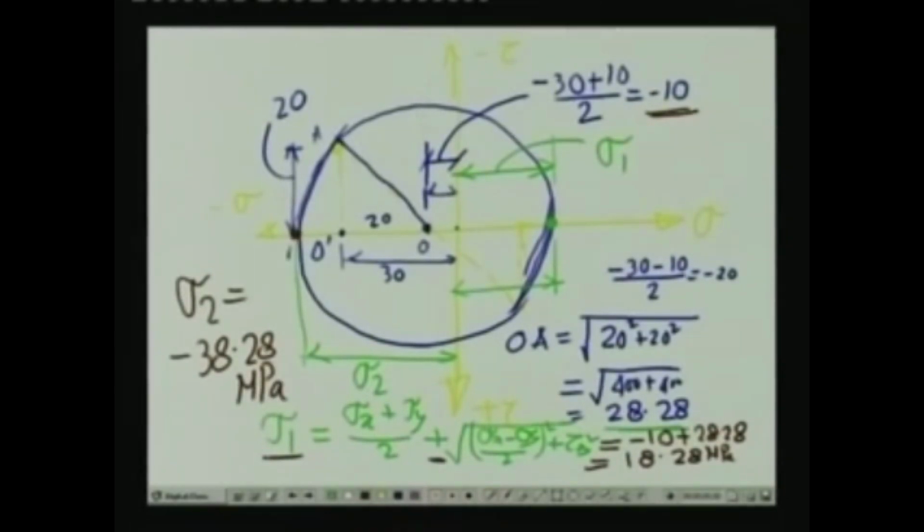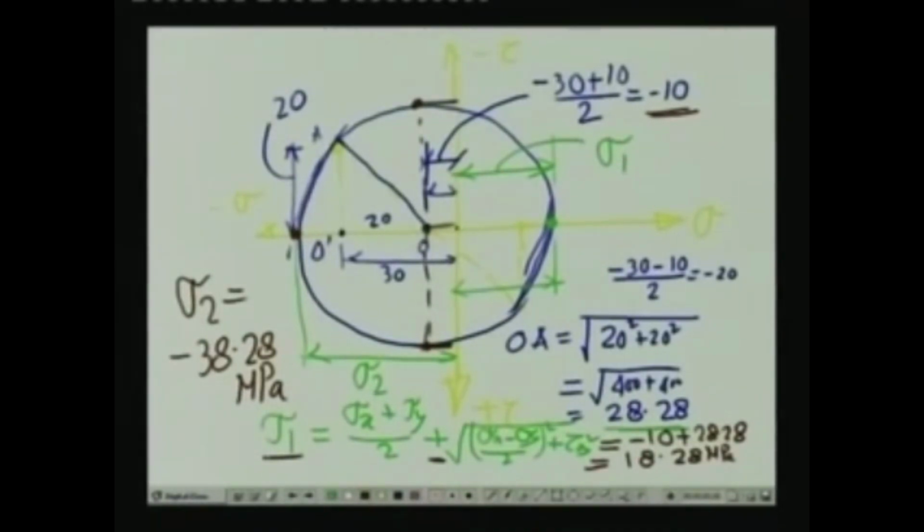From this particular diagram, if we look into that, this is the value of the radius and this is the plane where we get the maximum value of the shear stress, and this is the plane where we get the minimum value of the shear stress. Now, at this particular point, the value of the normal stress is sigma x plus sigma y by 2, which is equal to minus 10 MPa in this particular problem.